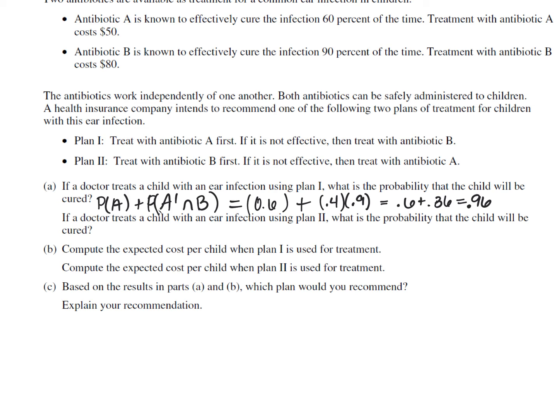So for the probability that Plan 2 works, that's the probability that B worked, plus the probability that B did not work and A did work, right? And so that's 0.9 plus 0.1 times 0.6. 0.1 is the probability that B did not work, and 0.6 is the probability that A did work, which is also 0.9 plus 0.06, 0.96.